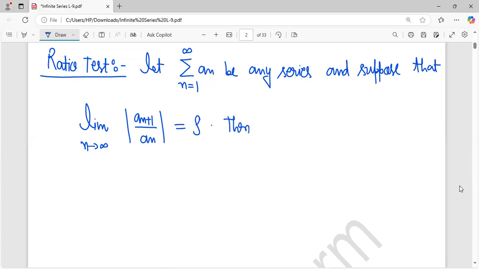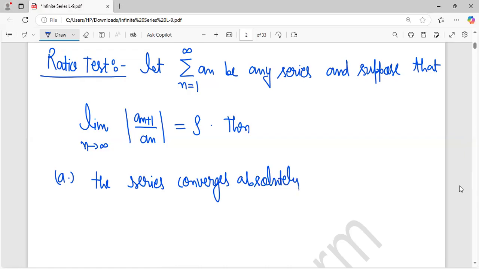Then part a: the series converges absolutely if rho value is less than 1.